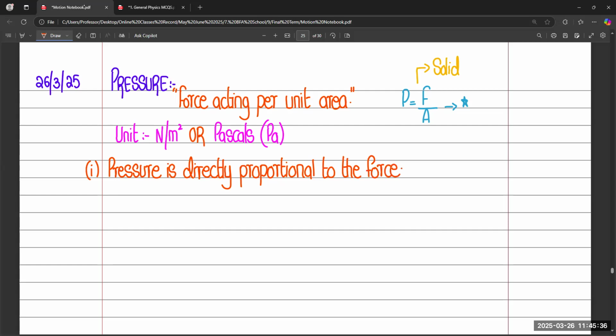If the value of force increases, pressure also increases.